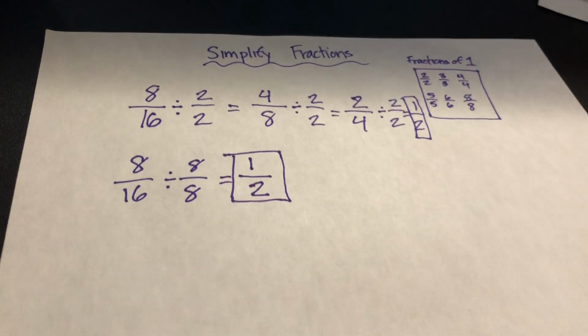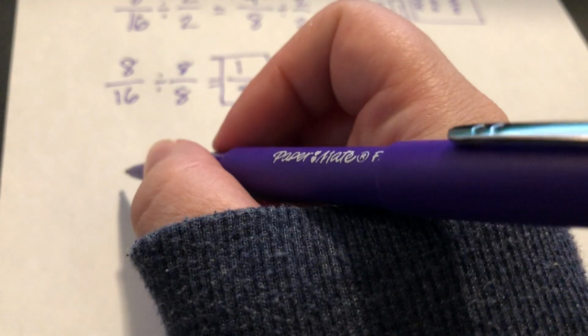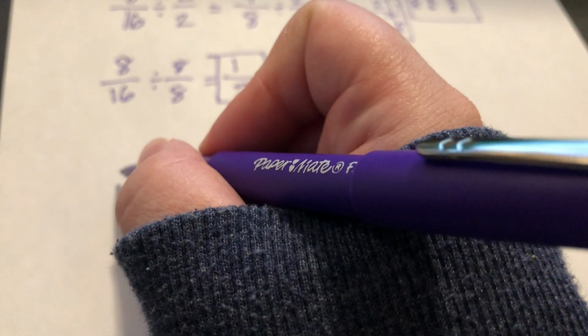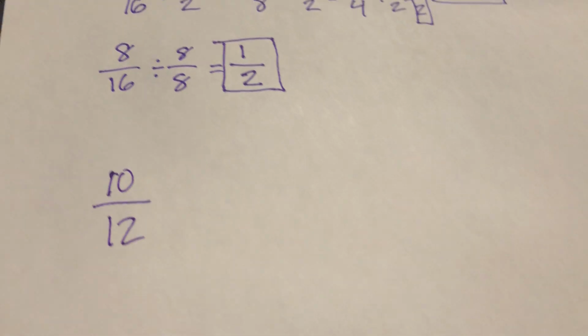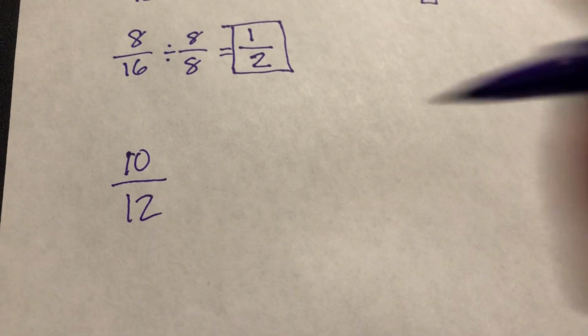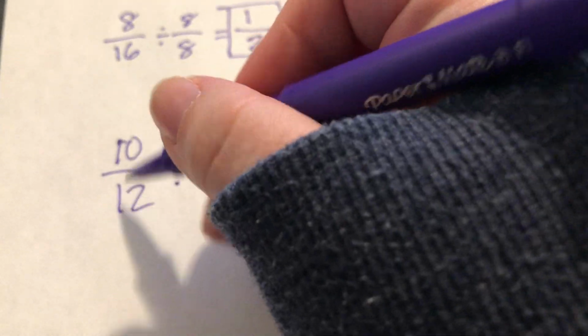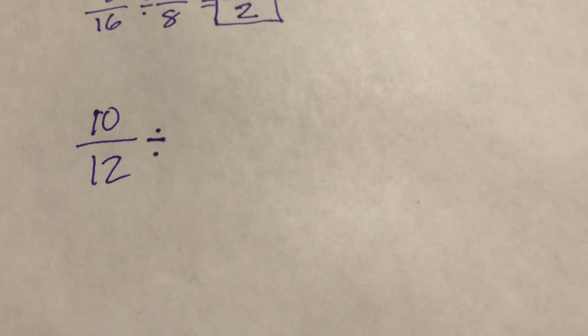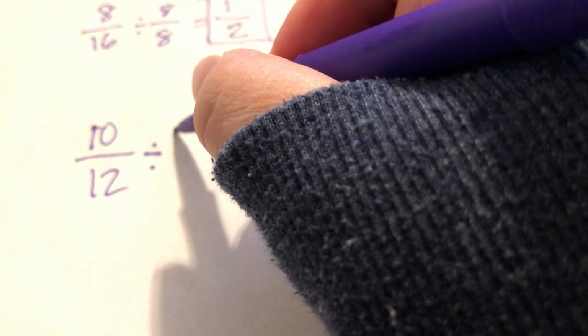Let me do another fraction. Let's say we have the fraction 10/12. Okay? What fraction of 1 can I divide that by, that both of these numbers can be divided by? I want to show an example here.